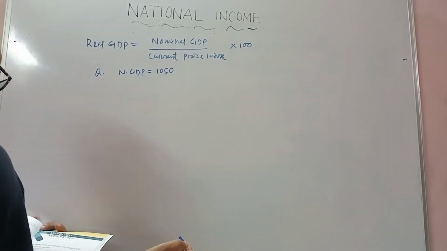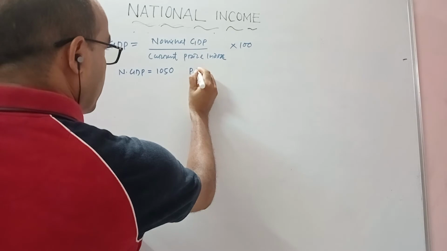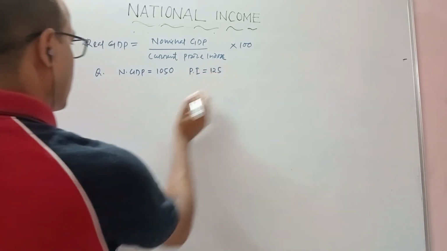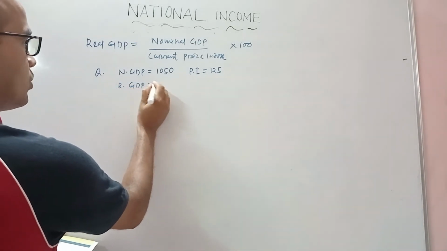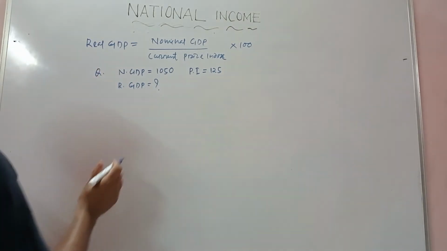After that it is mentioned that the price index is given as 125. The question is to calculate real GDP. Can you calculate? Simple. What will you do? Simply put in the formula.